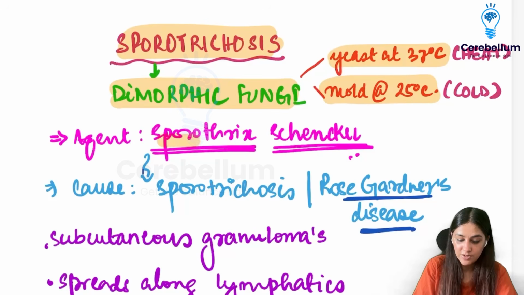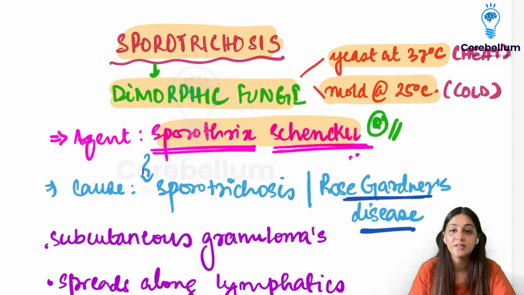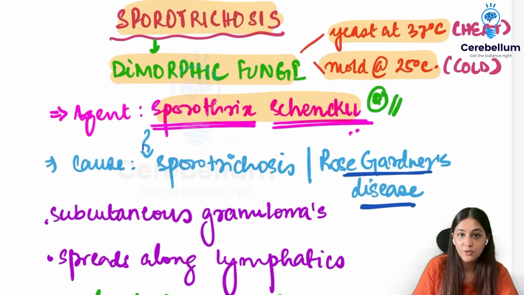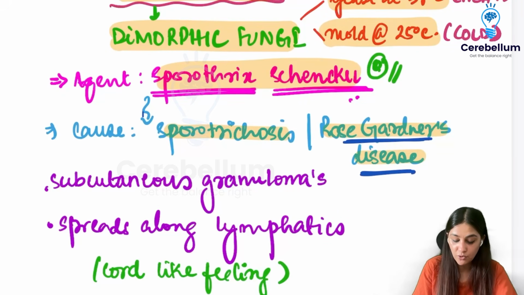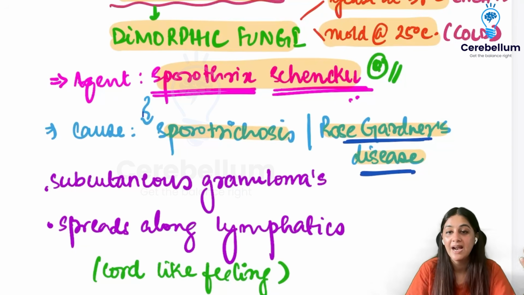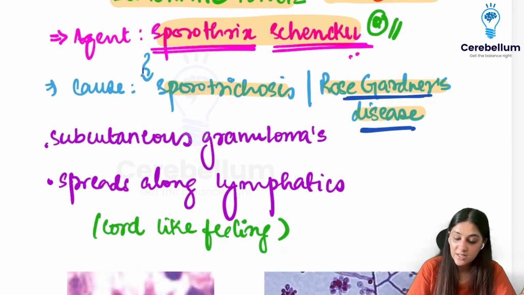So who is the agent? The agent is going to be Sporothrix schenckii. So Sporothrix schenckii is the fungus that is causing this sporotrichosis. Now, you can also call it sporotrichosis, or you can call it rose gardener's disease, because this is most commonly seen in people who are handling rose, because this fungus is actually present in the thorns of the rose, right?